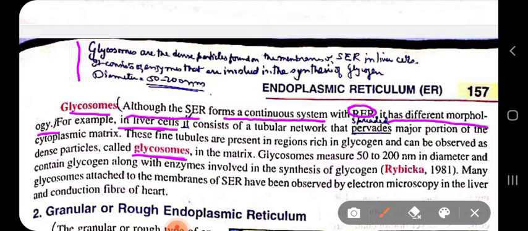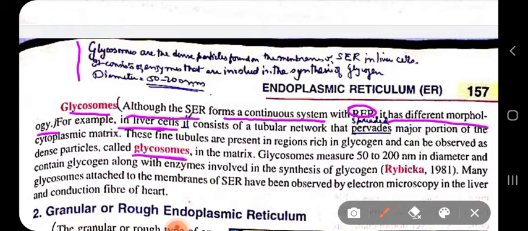Now, this is only found within the smooth endoplasmic reticulum of the liver cells, not in the rough endoplasmic reticulum, although they form a continuous network. So some portion of the glycosomes may occur in the rough endoplasmic reticulum, but it does not occur in the liver cells. It is only found in the liver cells within the smooth endoplasmic reticulum.